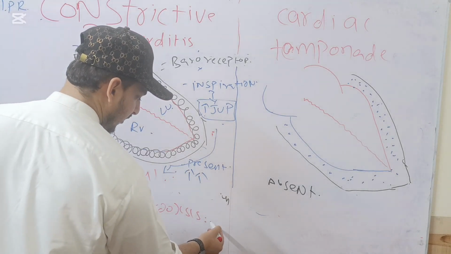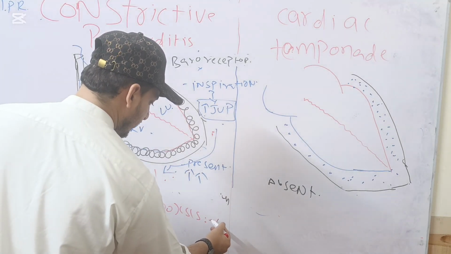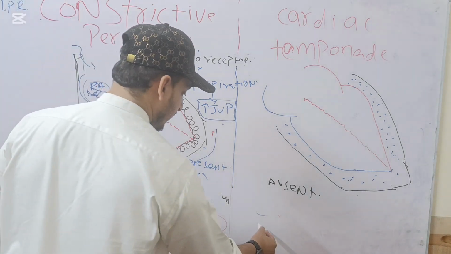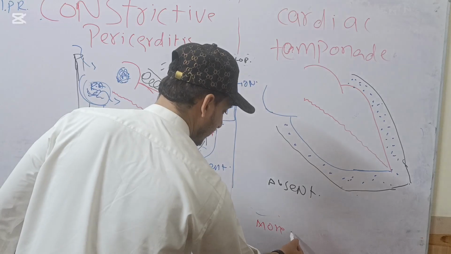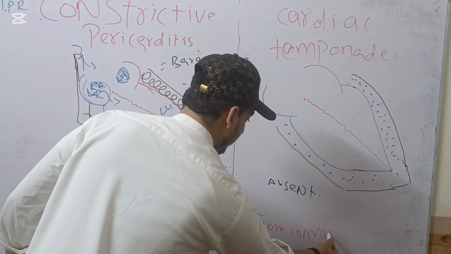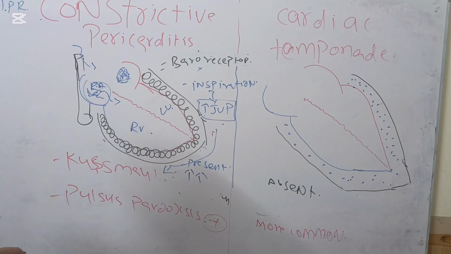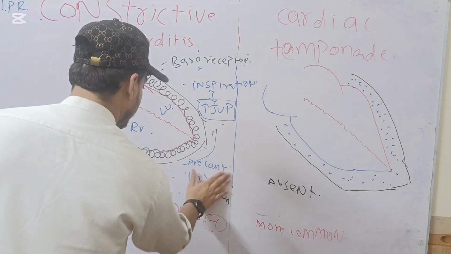Now pulsus paradoxus. Pulsus paradoxus may or may not be present in constrictive pericarditis, but it is more common in cardiac tamponade. What is pulsus paradoxus?